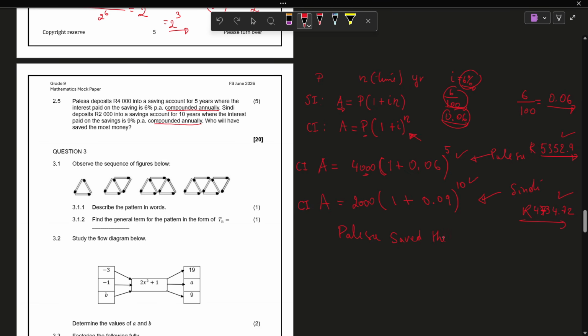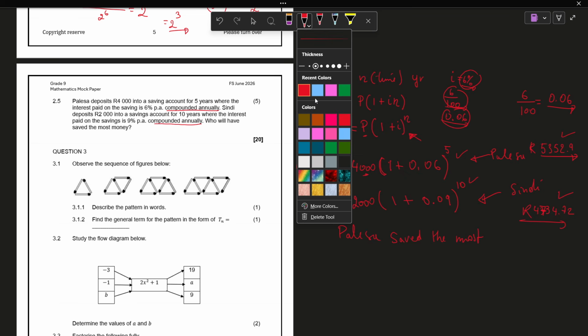So this is how you get the 5th mark here. Let me just change maybe to blue.